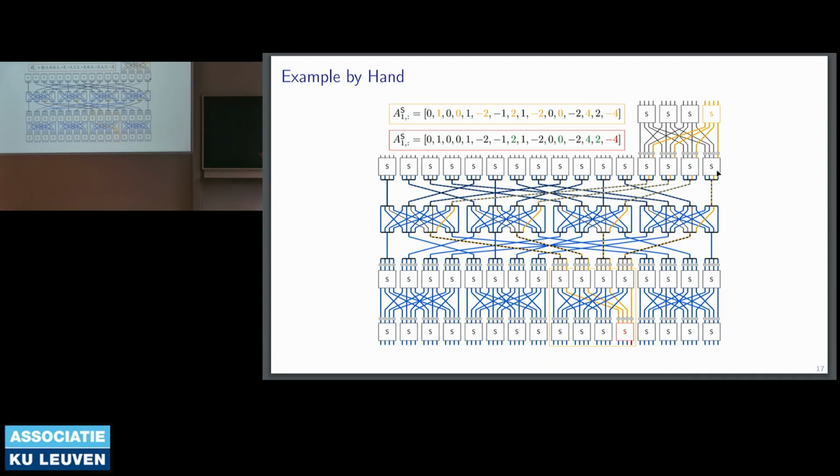We already know from the input set that we had an absolute correlation of 1/2 for the trail, so in the end we also get a correlation of 1/4. With this, we have proven that all the trails that are possible from this input set to this output property have absolute correlation 1/4, and therefore we have an integral property that sums to 0 modulo 4.